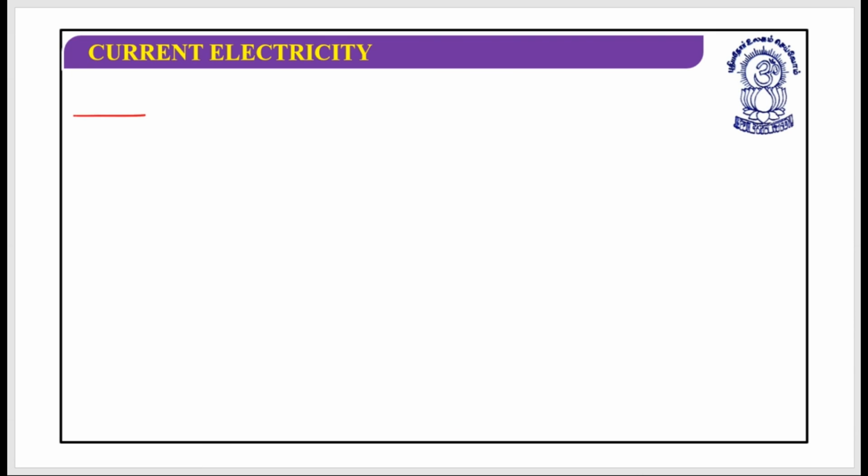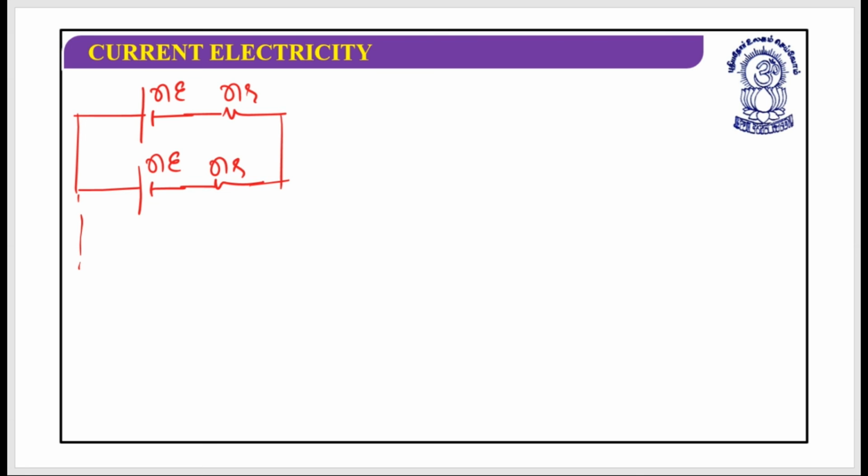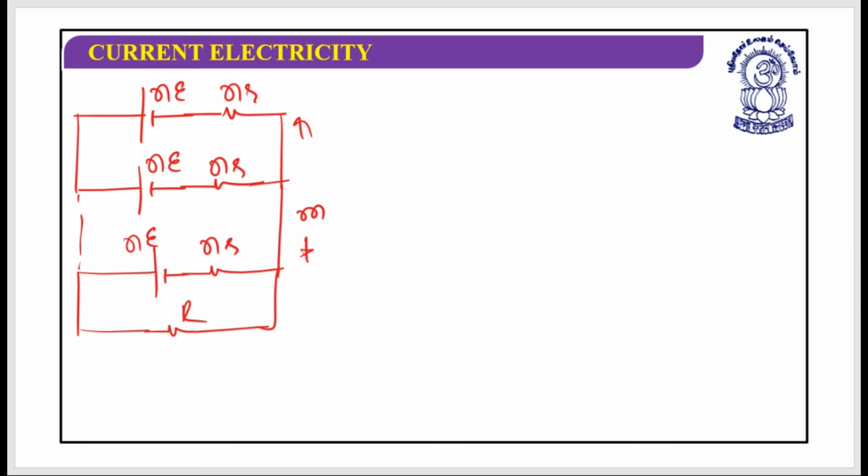So this can be written as NE, and its internal resistance would be NR. In the same way, this is NE and NR, such that m number of lines are there. This is NE, this is NR, this is m number of lines, and this is the external resistance R.